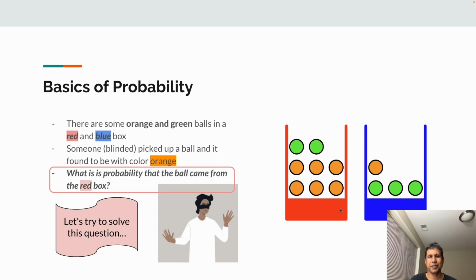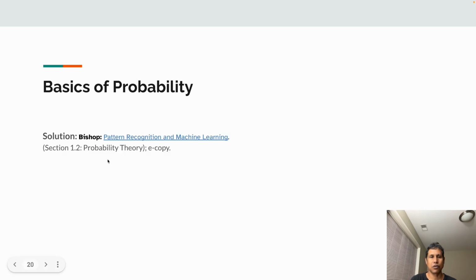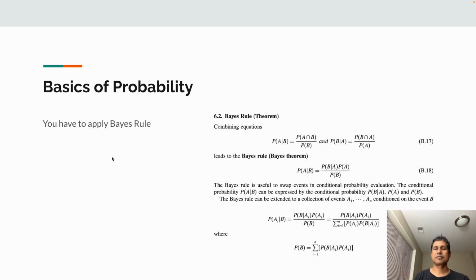They can be picked equally and each box has its own distribution of these balls, okay? So we have to use this information to answer this question, which is a little bit trickier, but I suggest you put some effort and then look at the solution here. Okay, let's try that, and if you have any questions, you can reach out to me anytime.